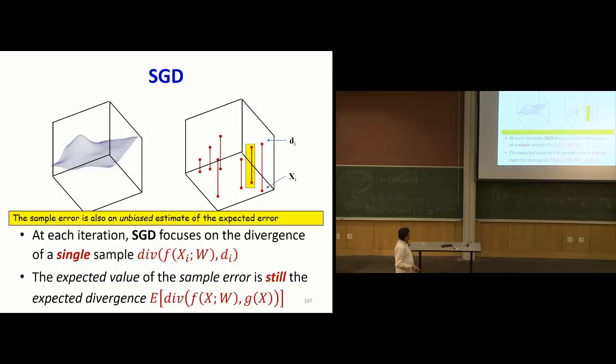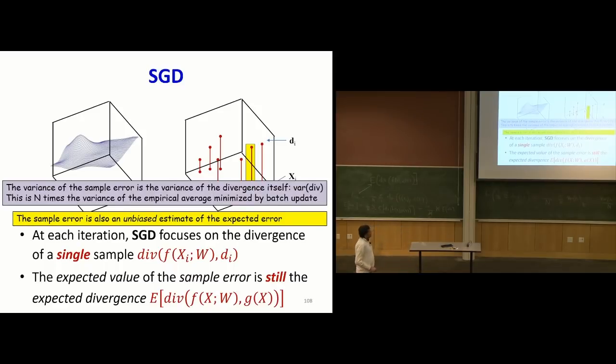But what about the variance? The n is size 1 for stochastic gradient descent because you're minimizing the error for one instance at a time. So the variance of the loss that you're minimizing when you use stochastic gradient descent is going to be the variance of the divergence itself. So when you compare the batch versus the SGD, there's a factor of n difference in the variance of the loss. Now all of this is math, right?